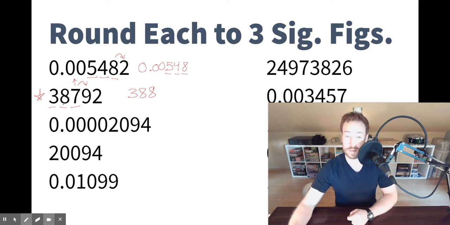The 8 needs to be in the thousands place, and the 7, which is now an 8, needs to be in the hundreds place. So we have to add 2 placeholder zeros to the end of the number to keep those things in the right place. Now this makes a little bit more sense, right? We just rounded 38,792 to 38,800. That sounds like something that you could do, right?